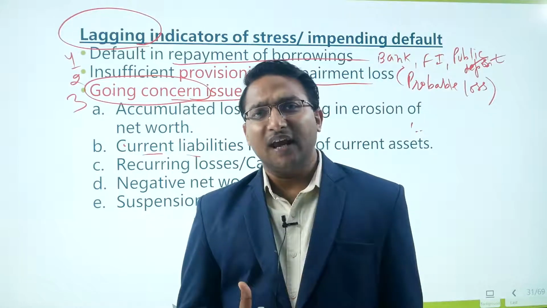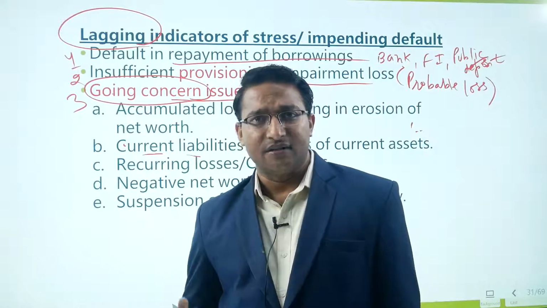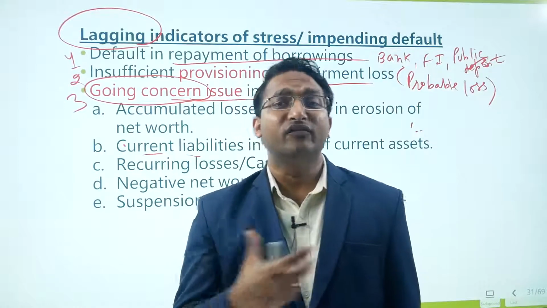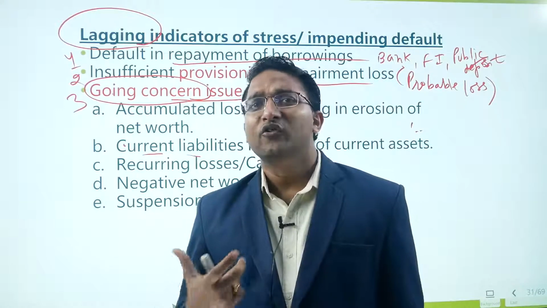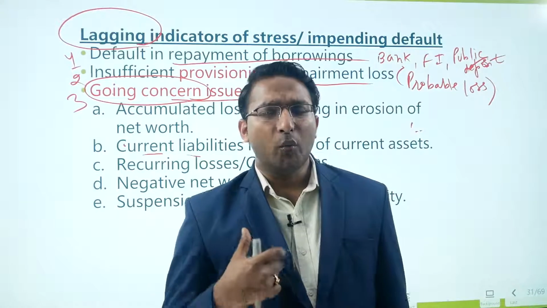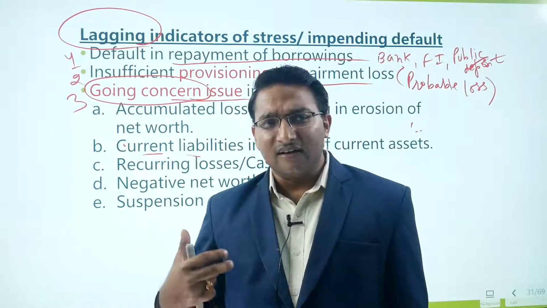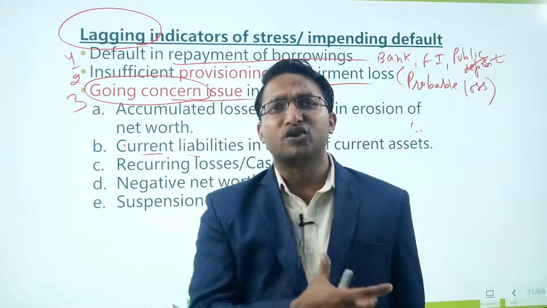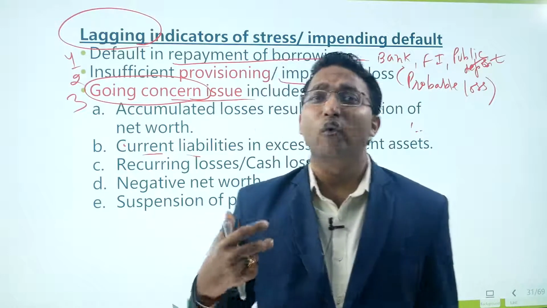The company can say that okay, I have certain assets from which I can earn profit in the future. So we take it right, because we know that the company is going to operate in the future. We always assume that the company is going to operate in the future just because we assume that the company is a going concern.